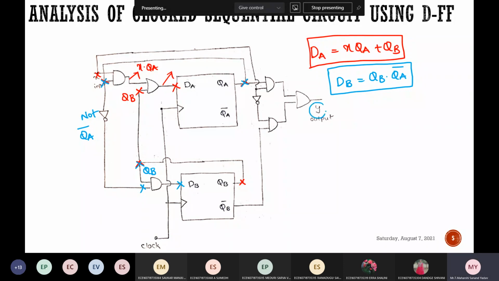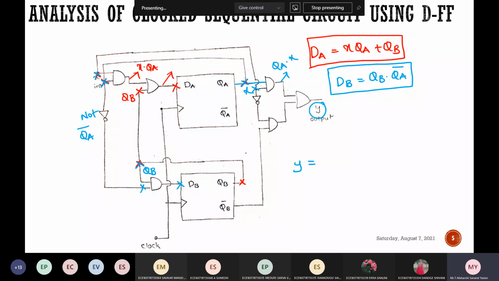Next, what about Y? Is it input or output? I'm taking Y as the output. So tell me the Boolean expression for this. So QA is connected as one input here. And what about this one? It is connected to X. So what is the output?